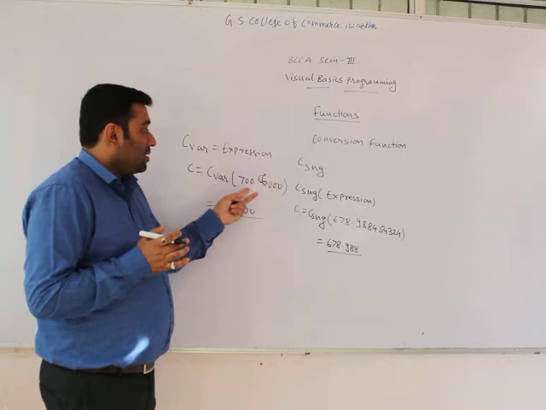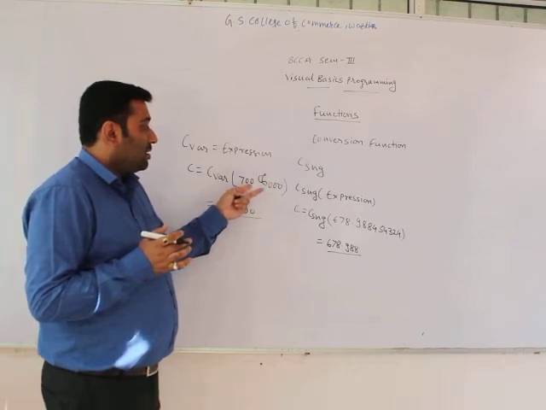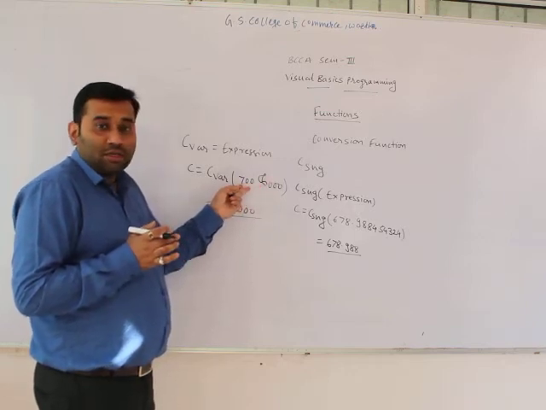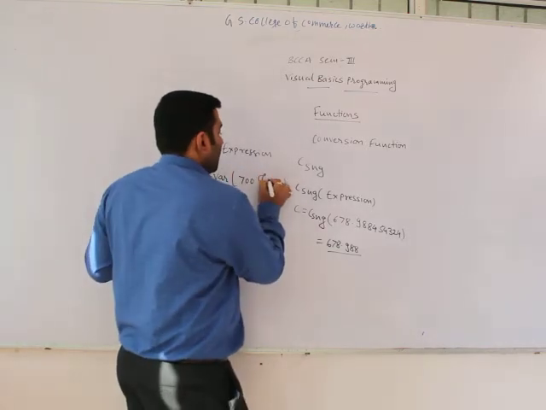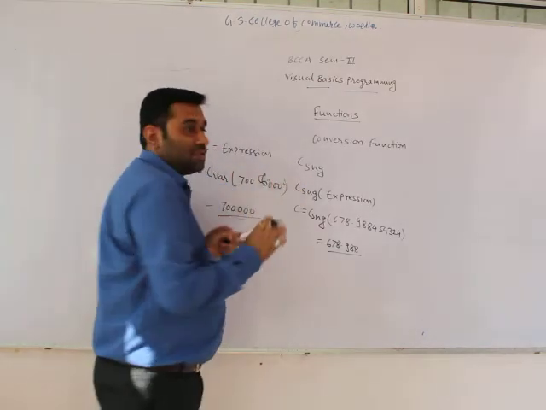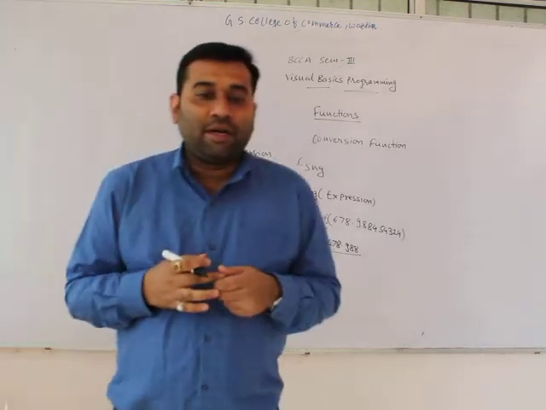Here 700 and three times 00 are combined and converted into the variant data type.